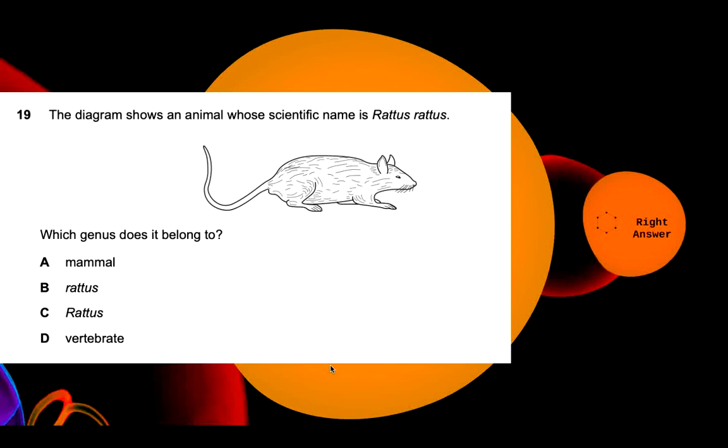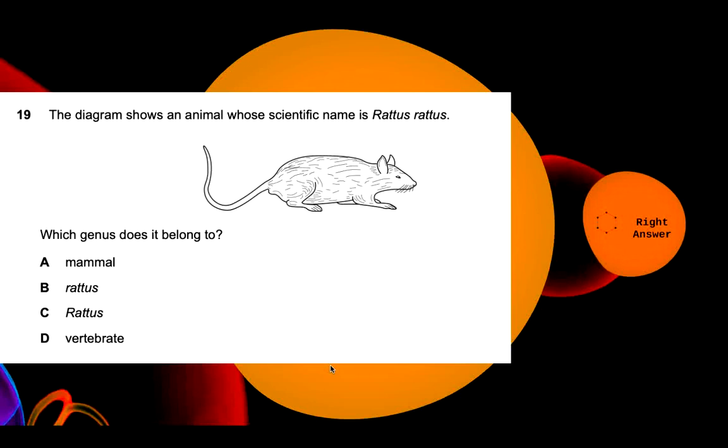Now under binomial naming, we use a capital letter for the first letter of the name of a specific species. Like in this case, Rattus, which is the first name, is in capital R, followed by small letters.